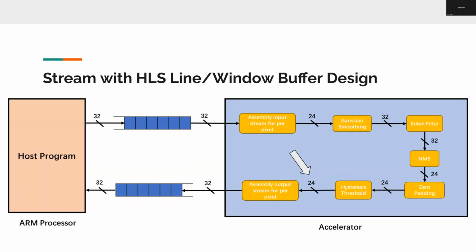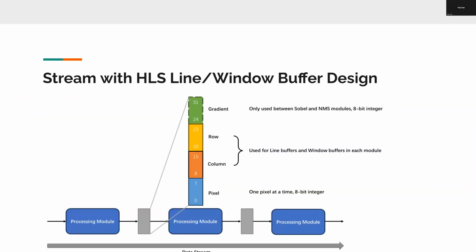Beyond the line buffer and the window buffer, we also introduced data streaming to further optimize our design. Instead of using a whole array to transmit between submodules, we only transmit 1 pixel at one time to significantly reduce the resource usage of our design. And each pixel is packed into a specific format containing 4 fields.